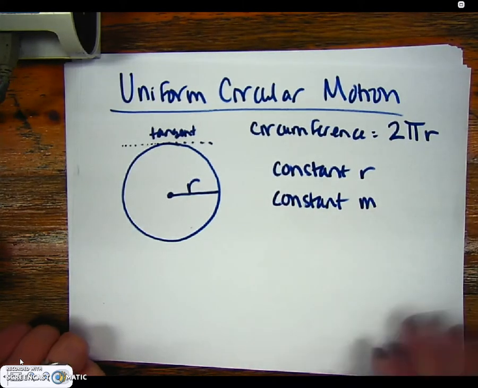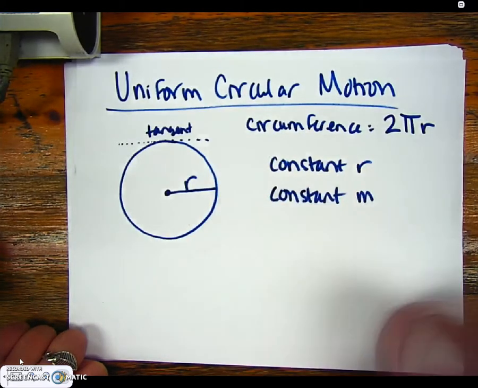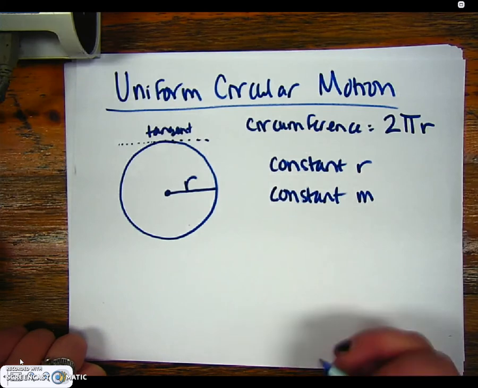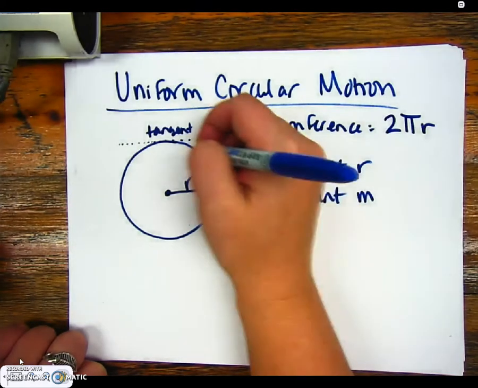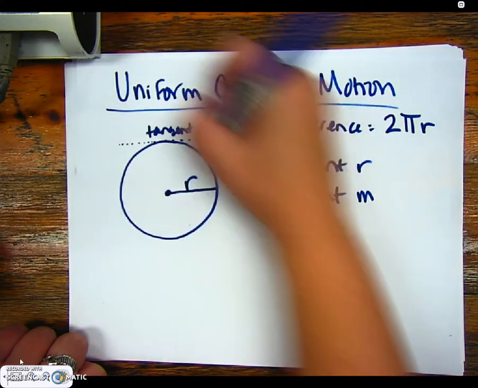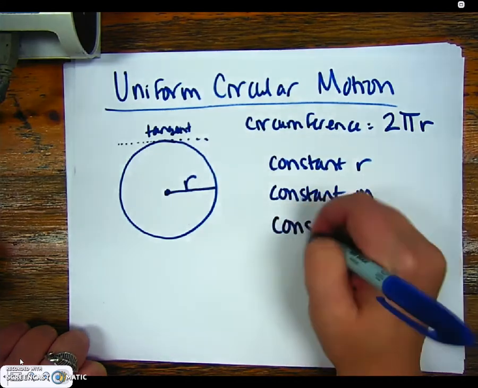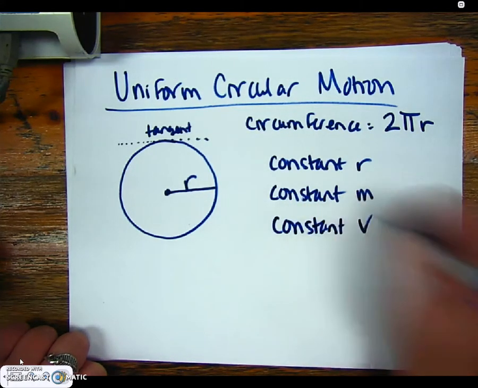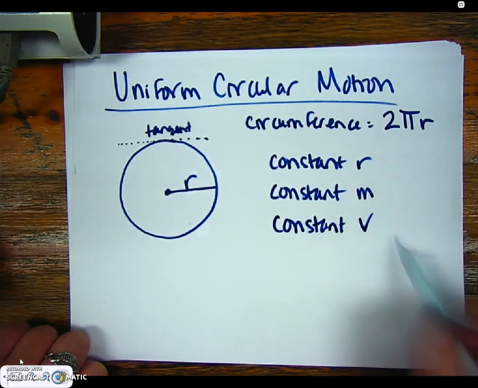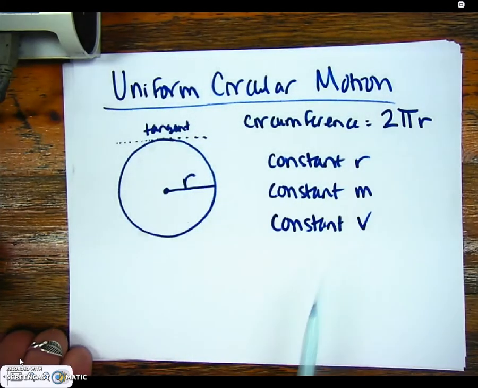And the other thing that remains constant is the velocity. So really instantaneous velocity or speed, how fast that object is moving at any point. So if it's going around the circle at 3 meters per second the whole time, the instantaneous velocity is 3 meters per second. We'll come back and talk more about this later, but just remember that this is what the uniform part of uniform circular motion means.